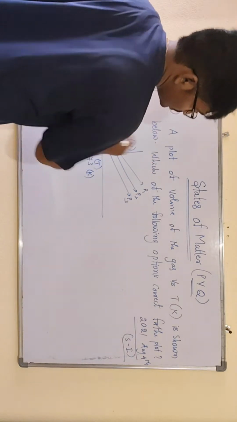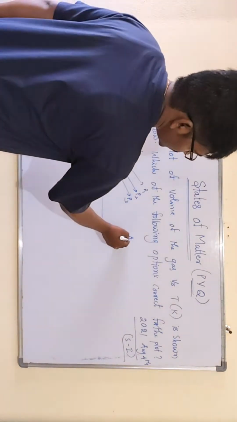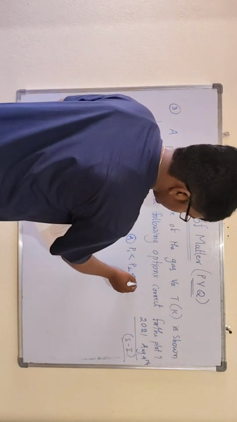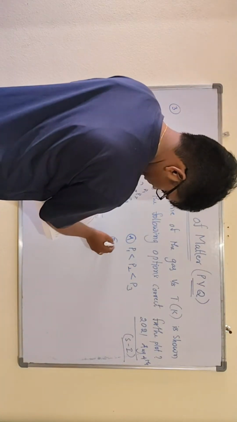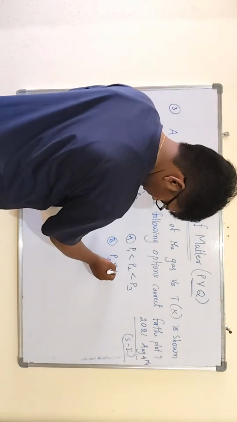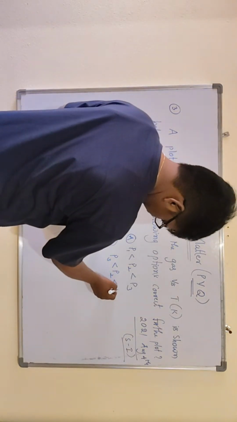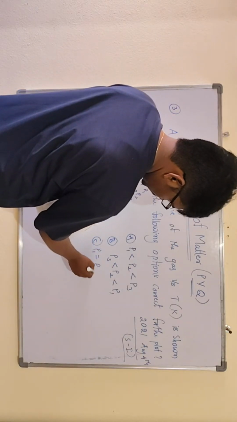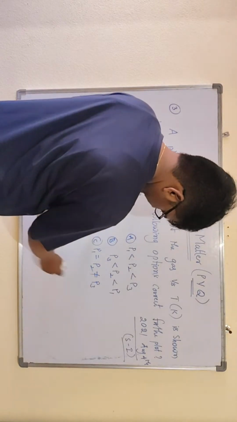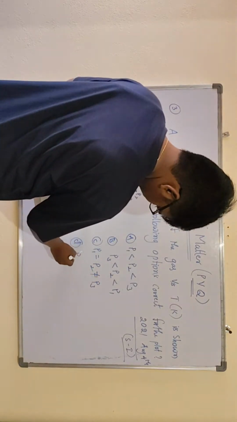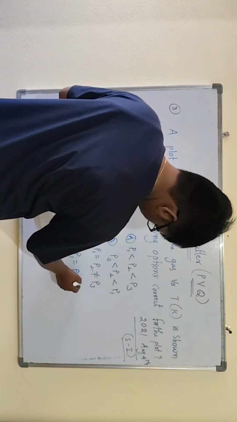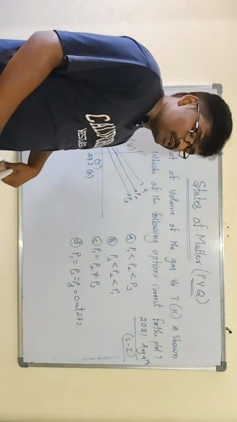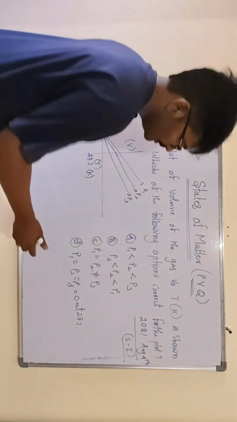Observe carefully. The options: A, P1 is less than P2, less than P3. B, P3 is less than P2, less than P1. C, P1 equals P2 not equal to P3. D, P1 equals P2 equals P3 equals 0 at 273 Kelvin temperature.